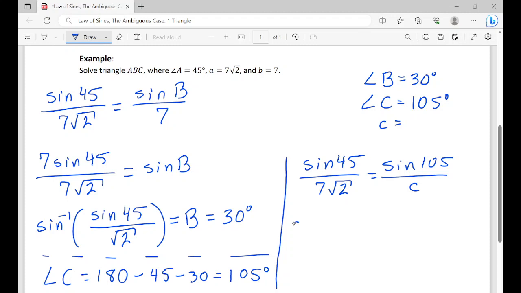And I'm going to end up with C equals 7 root 2 sine of 105 over sine of 45.